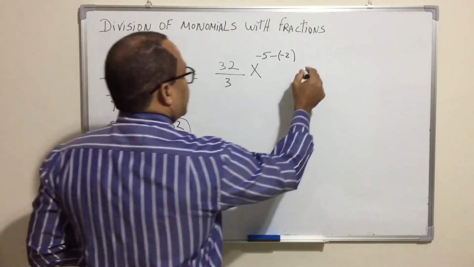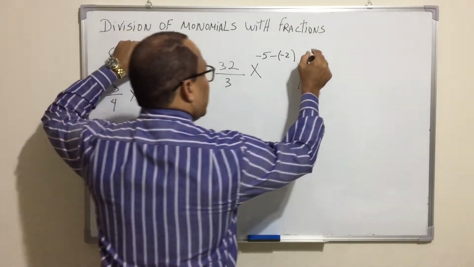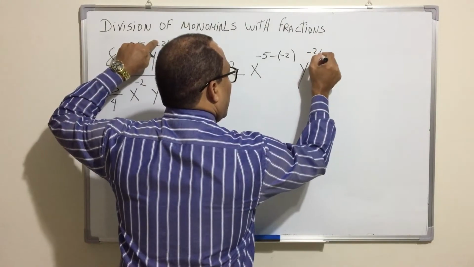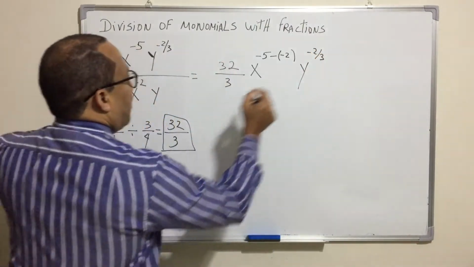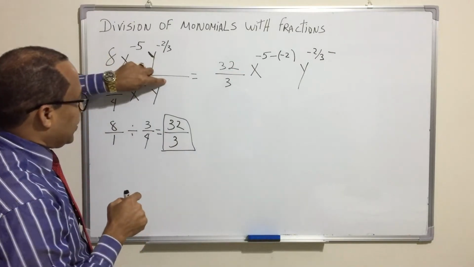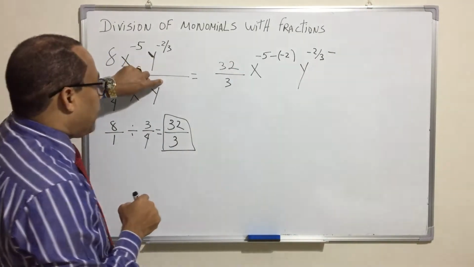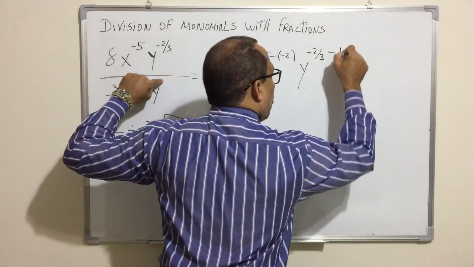And then the y, it says negative 2/3 minus what? We know there's a number up here, even though it's invisible. It's a number 1, minus 1.